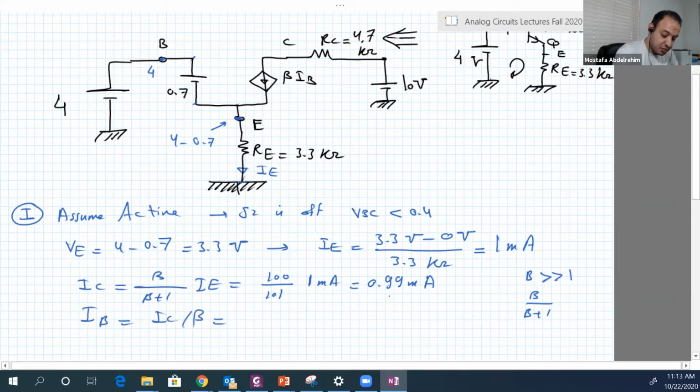So just divide this by 100, and it will be very small. So it will be 9.9 microamperes.